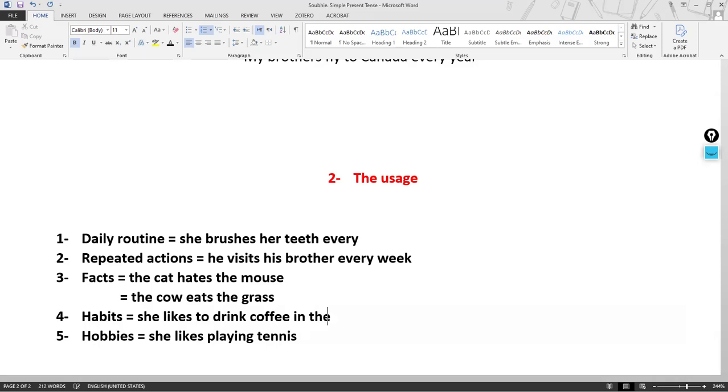Let me show you the difference between hobbies and habits. A hobby is really hard to change, but a habit is easy to change. For example, what is your hobby? Is it to swim, to read books, to play video games, to walk, to run?